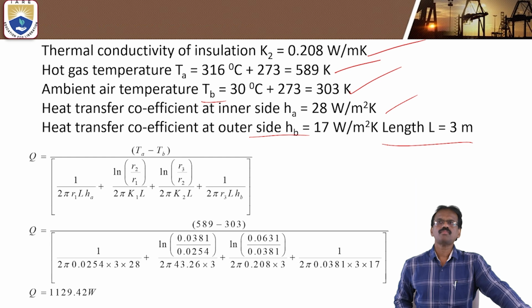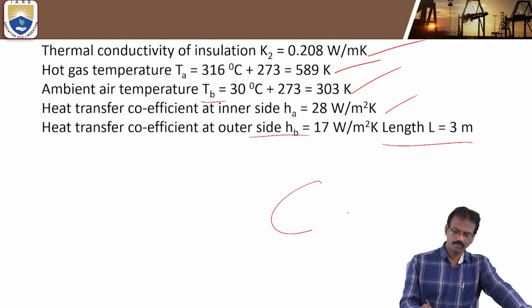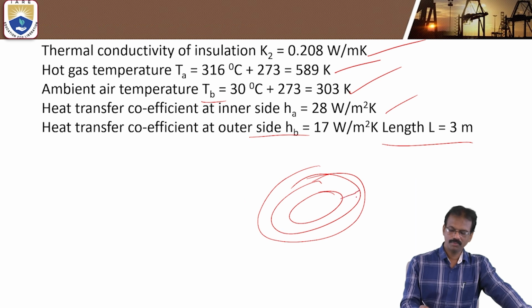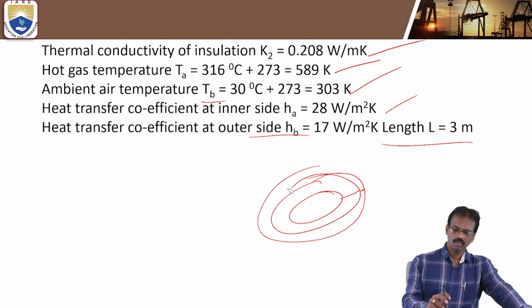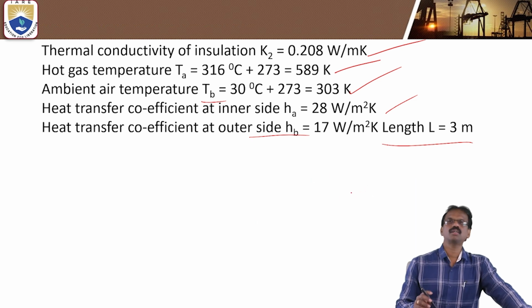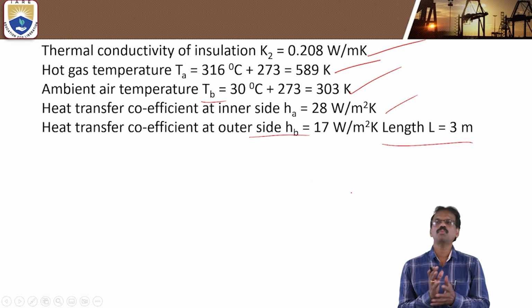Here, one is the steel pipe, another one is the insulating material. Two layers: the steel pipe layer and the insulating layer. So this numerical is based upon composite cylinders.